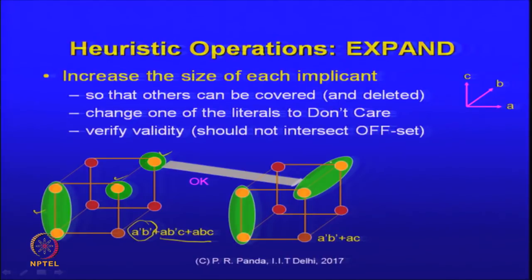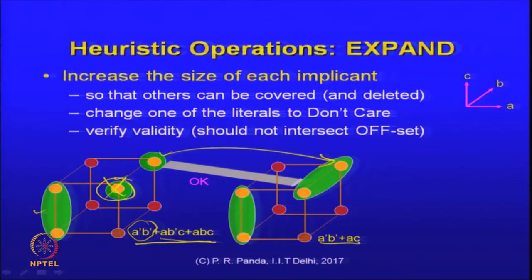So, in this example, as we increase the size of this, it turned out that the new one actually now covers the existing implicant. So, we can drop that. So, the number of implicants has reduced from 3 to 2, that buys us something in this two level logic minimization. That is the process.